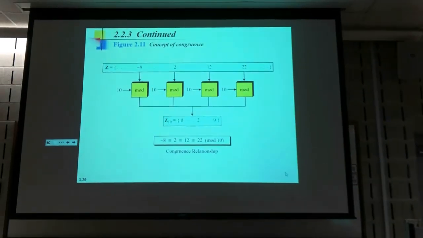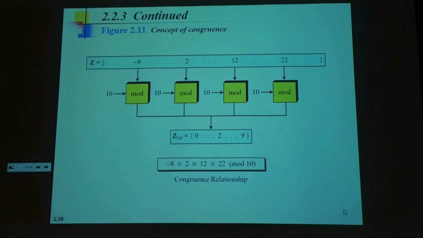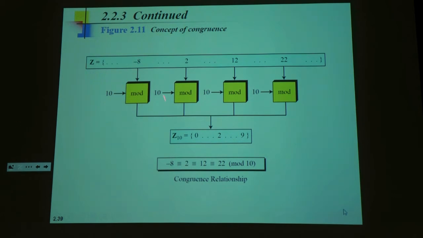Now the concept of congruence: you have Z, which is the set of integers, and if you take any one of them mod 10 and shift by 10, all of them will be congruent. So minus 8, 2, 12, 22, all of them are congruent.